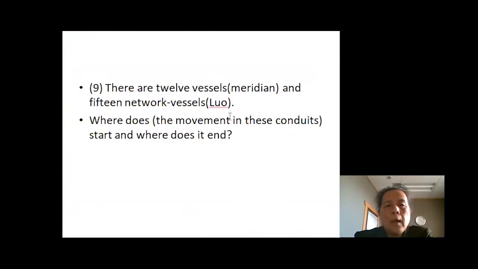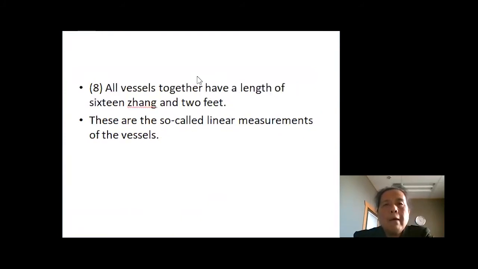And still remember, when we're talking about the pulse, we're talking about the qi blood circulation in the pulse part. Thus, we're talking about when respiration is moving 3 sun.